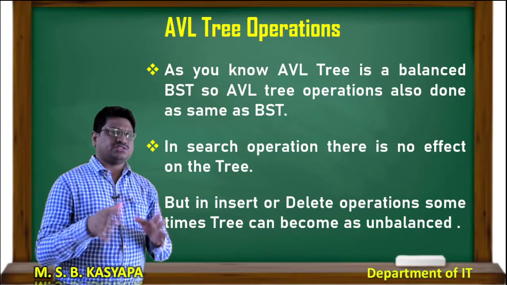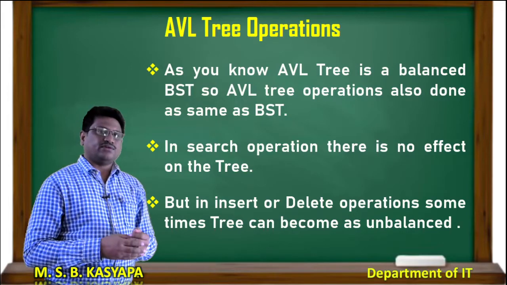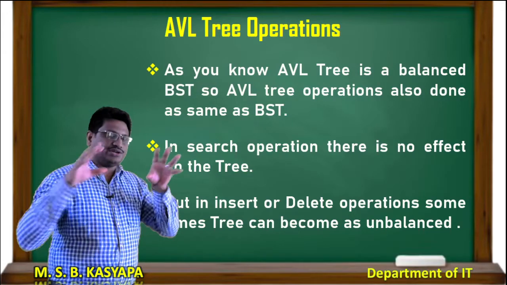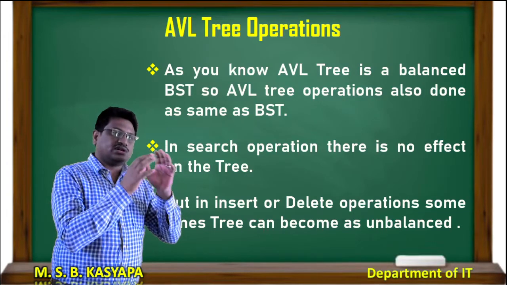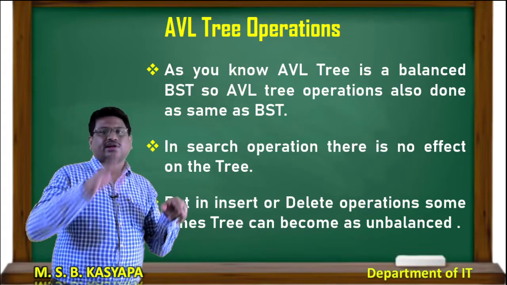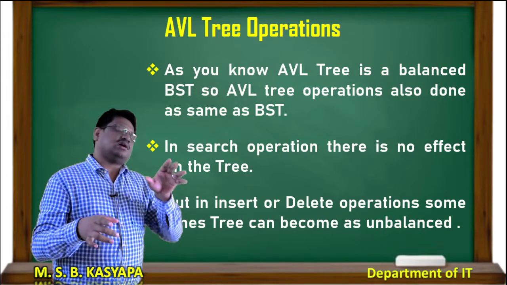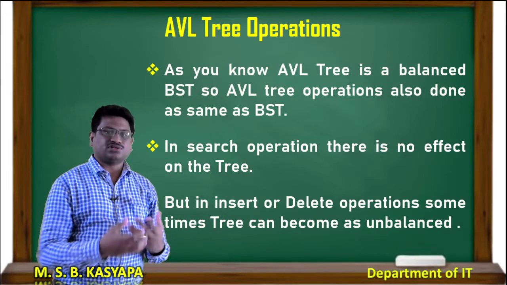Whatever the binary search tree operations are, I can follow here. So, if I want to search, first I will check with the root node. If the root node is not equal to the desired one, I have to check whether it is the left one or right one. Am I right? Then I will go to the particular subtree and follow the same process.